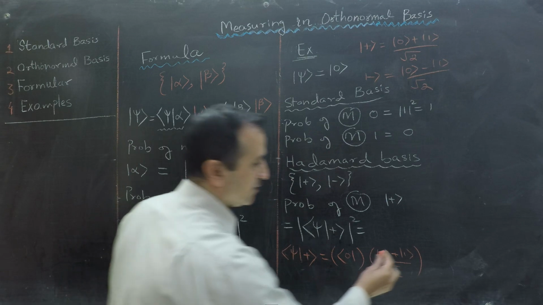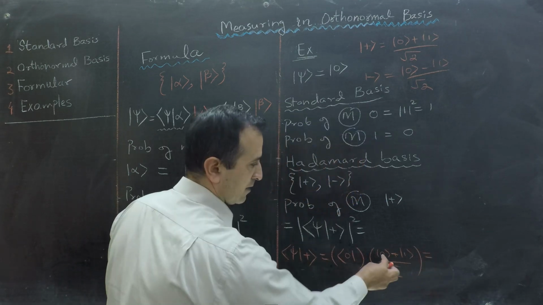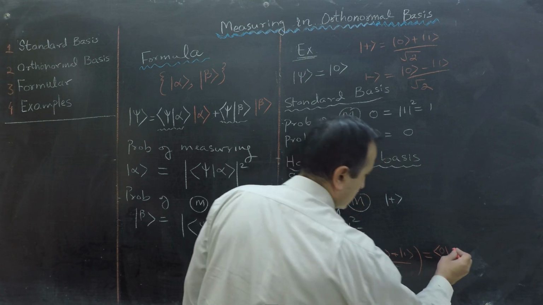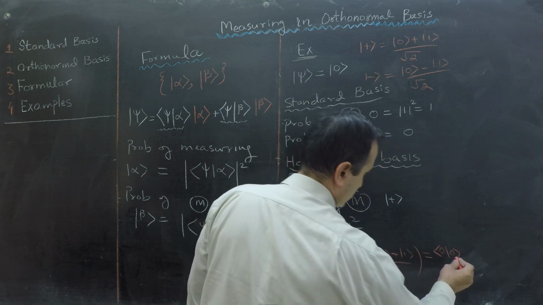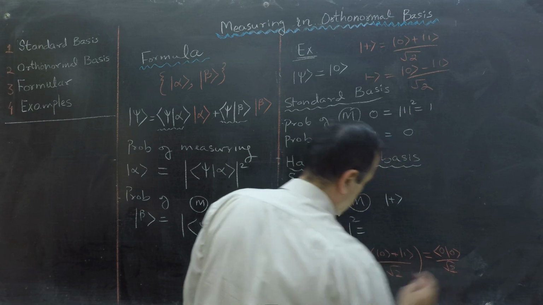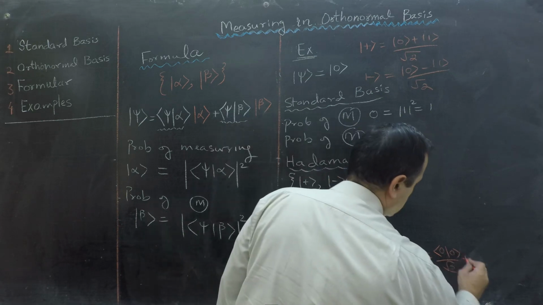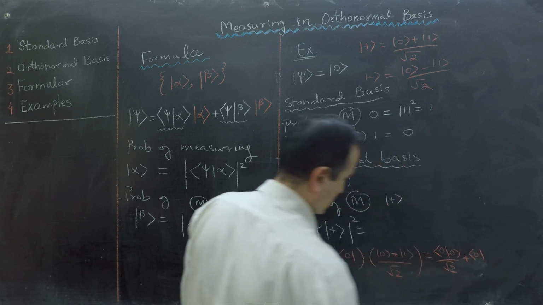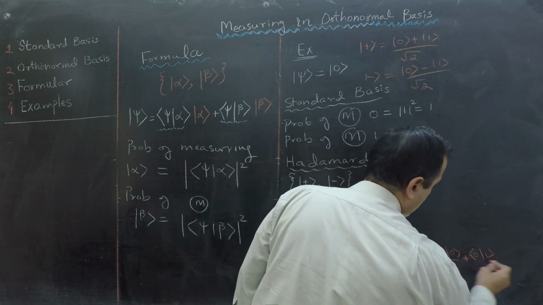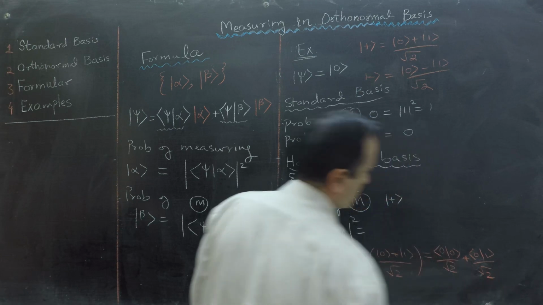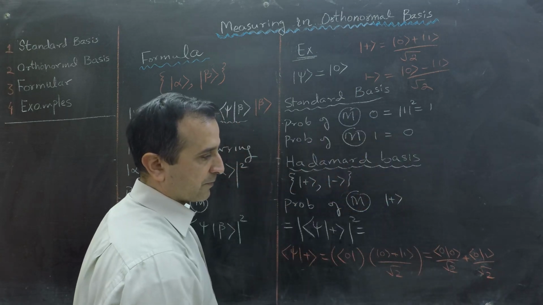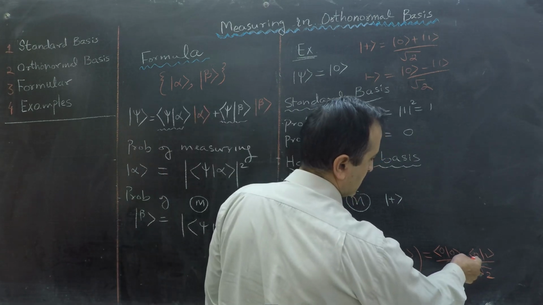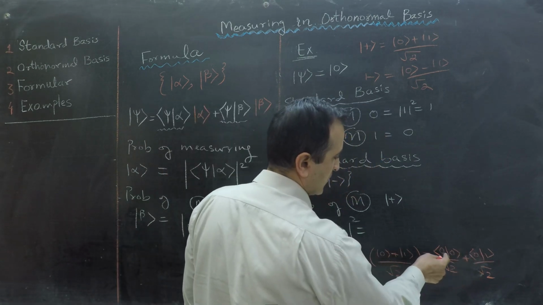Multiplying them together, we will get bra 0 ket 0 divided by square root of 2, plus bra 0 ket 1 divided by square root of 2. We know that this will be equal to 1 and this will be equal to 0.